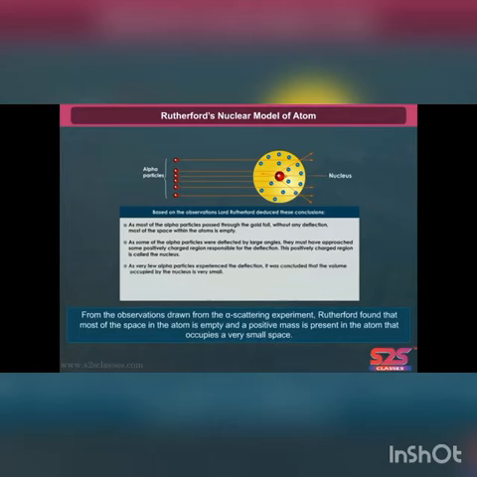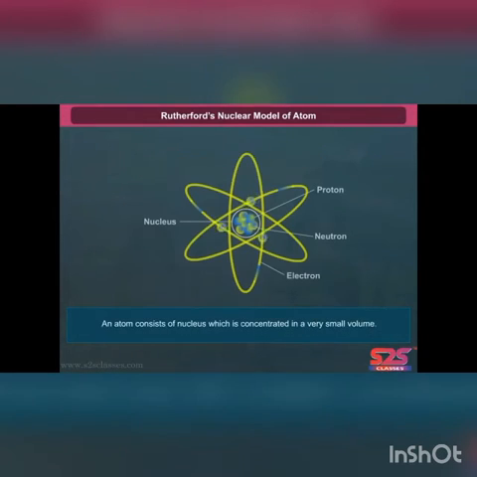From the observations of the alpha scattering experiment, Rutherford found that most of the space in the atom is empty, and a positive mass is present in the atom that occupies a very small space. On the basis of the above observations and conclusions, Rutherford proposed the nuclear model of atom.